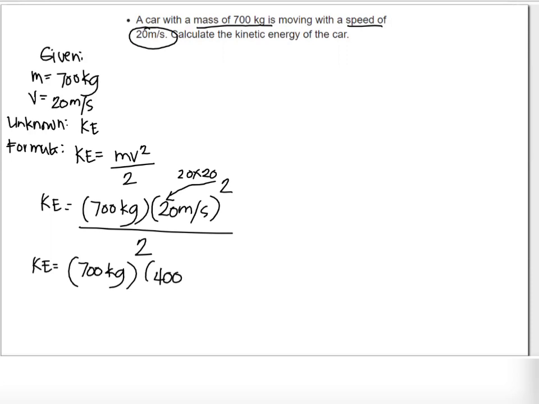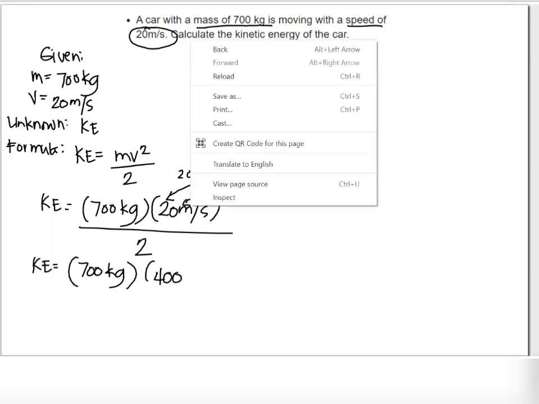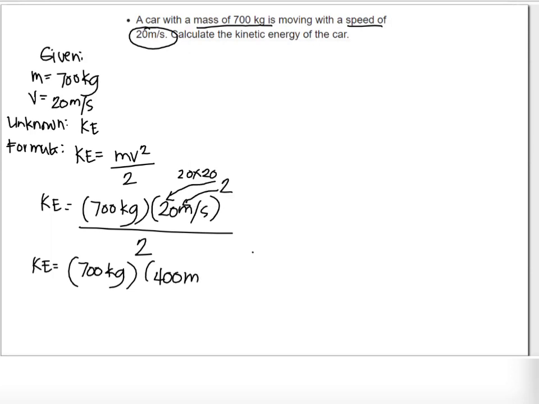Tapos, yung square dito, mapupunta rin siya kay m. So, kapag sinulat mo siya, m squared, and madidistribute din siya kay s. Meter per second squared, then divided by 2. Okay? So, dito na natin isulat. Yan. So, 700 kilograms times 400.